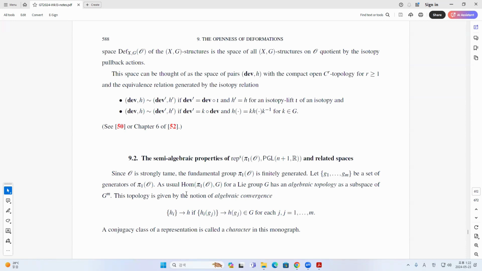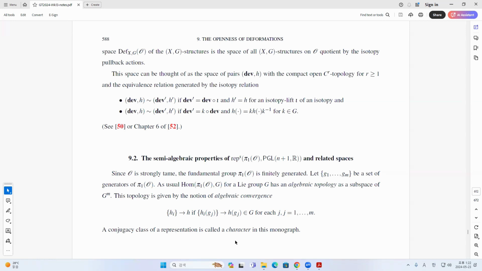So Hom(pi_1, G) for a Lie group has an algebraic topology as a subspace of G^m, because each generator you can put into G^m, where m is the number of generators. The topology is given by algebraic convergence: h_i goes to h if this converges for each generator.